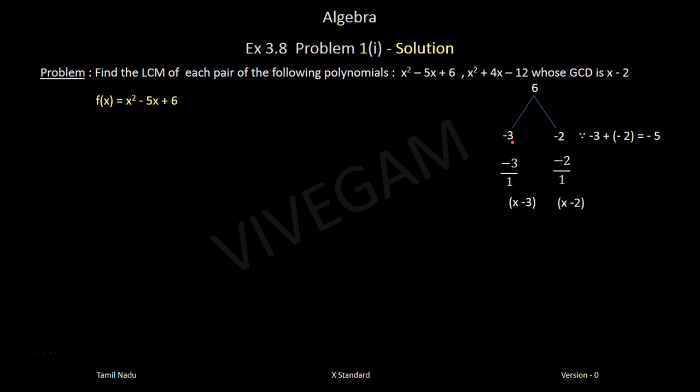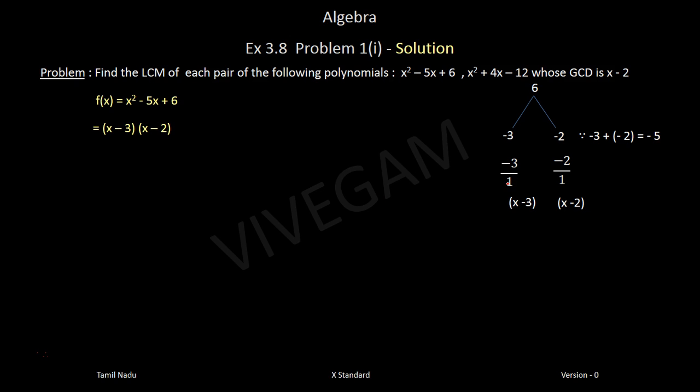Now this needs to be divided by the coefficient of x square, which is 1 in this case. So this is basically x minus 3 and x minus 2. Therefore f of x equals x minus 3 into x minus 2.